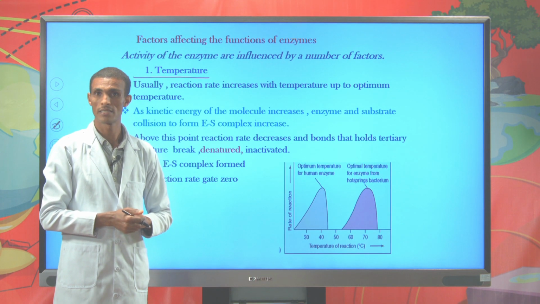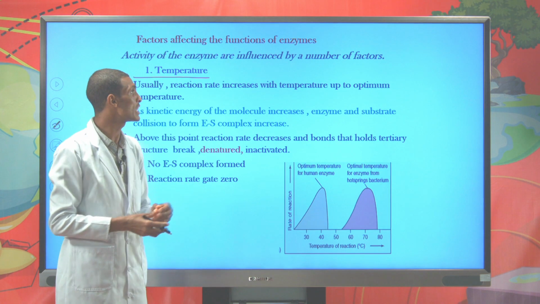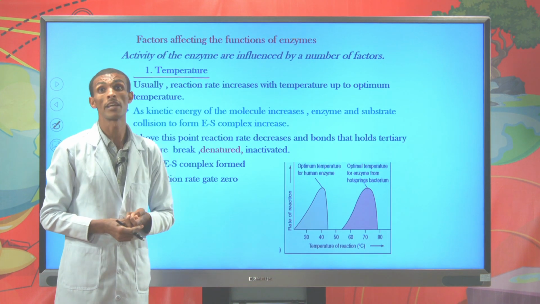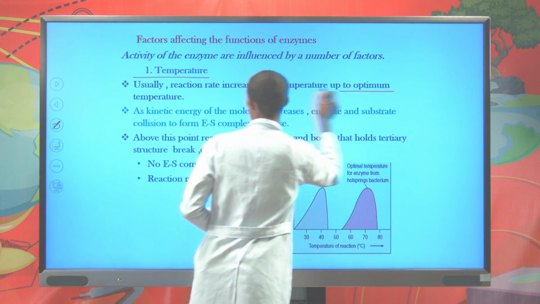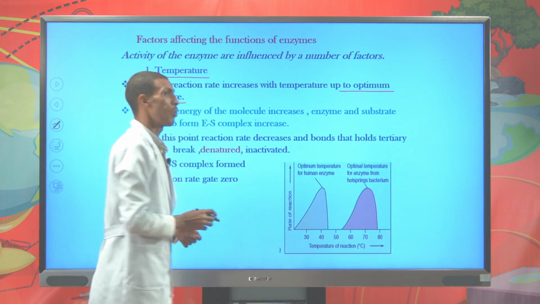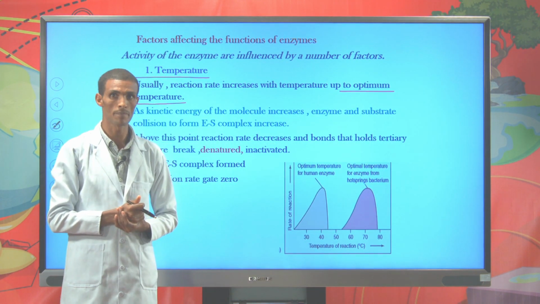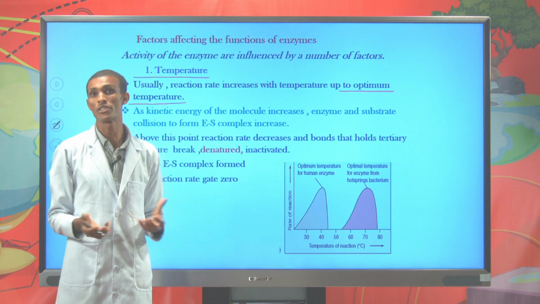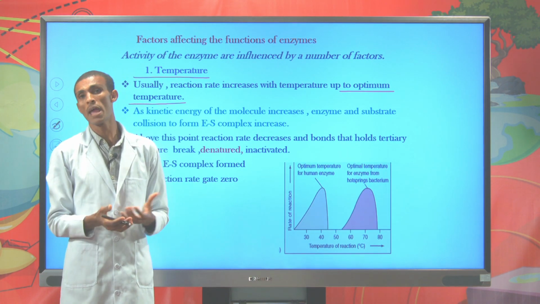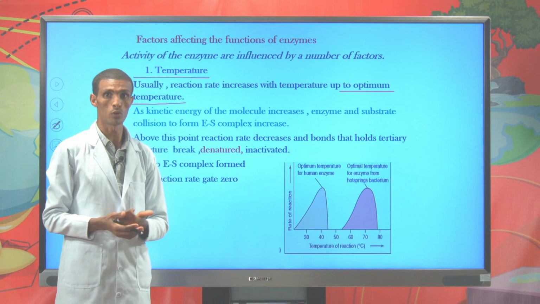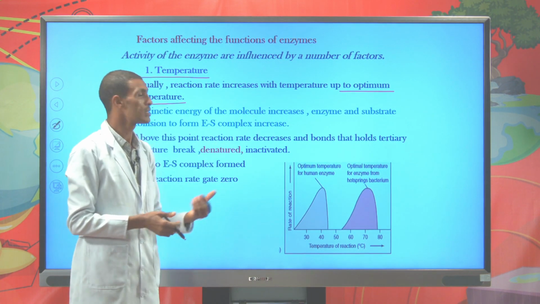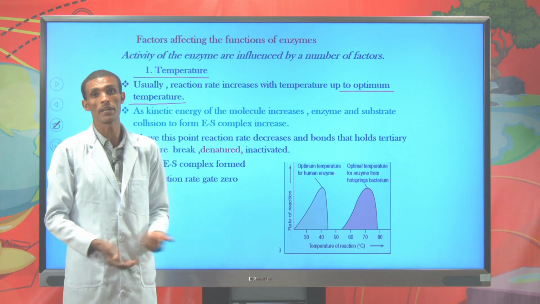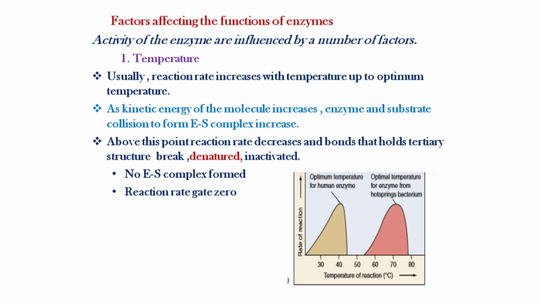Obviously, the rate of the reaction increases with temperature until an optimum temperature. Optimum temperature means the temperature at which the enzymes of an organism work properly. If temperature increases, the rate of enzyme action increases together.